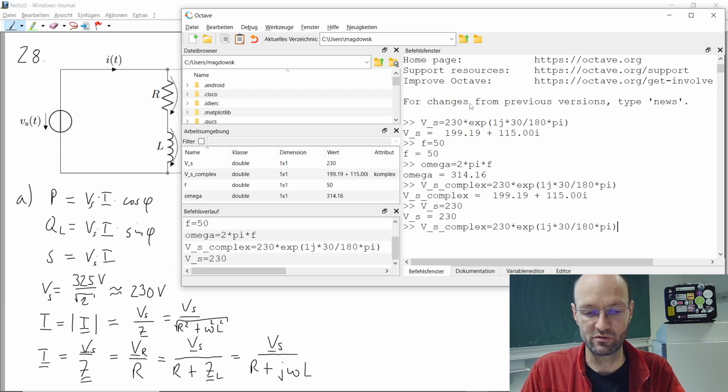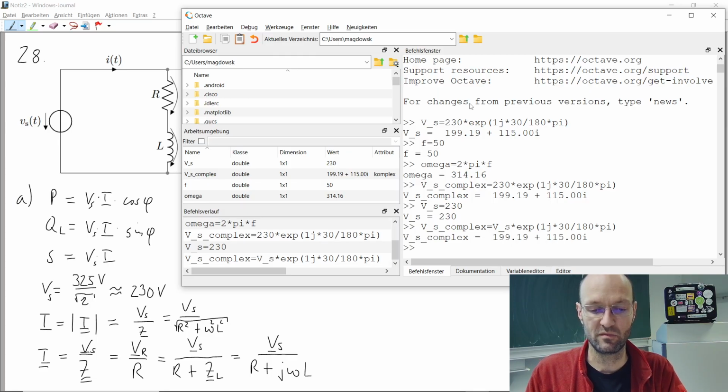So maybe you could write it like this. Say the complex phasor has the magnitude and some phase, and this is just the magnitude. Okay. So by this way, we can also calculate the complex value of the current.